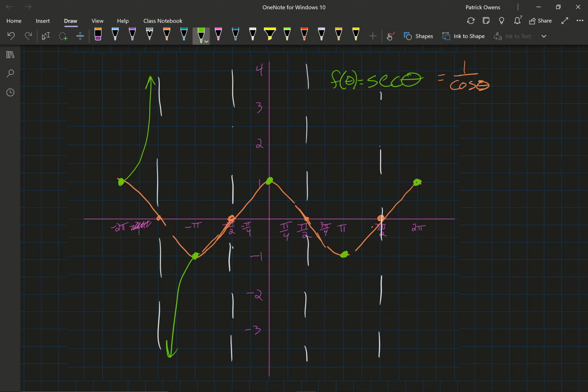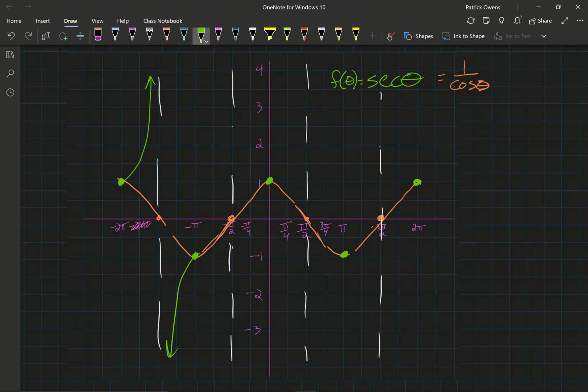Now, for your cosecant function, it would work the same way, just with your sine function. So anywhere that sine is equal to 0, cosecant's going to have a vertical asymptote.